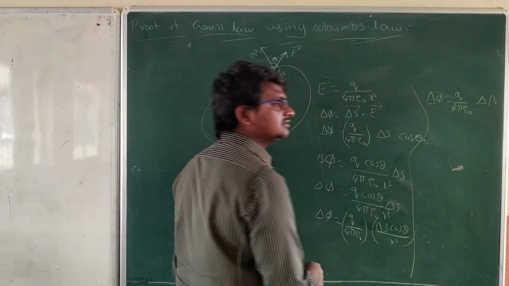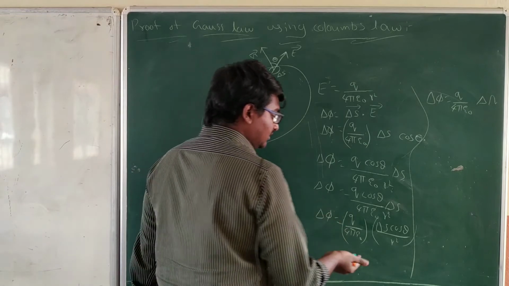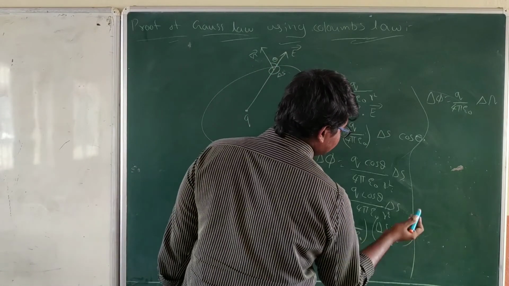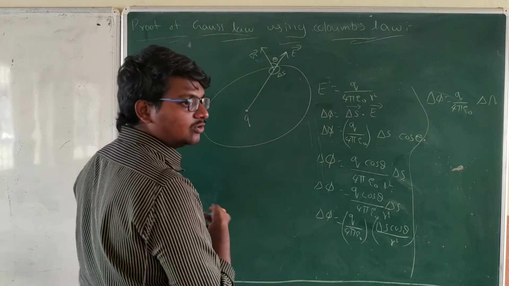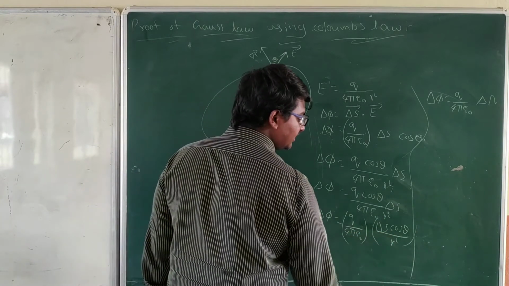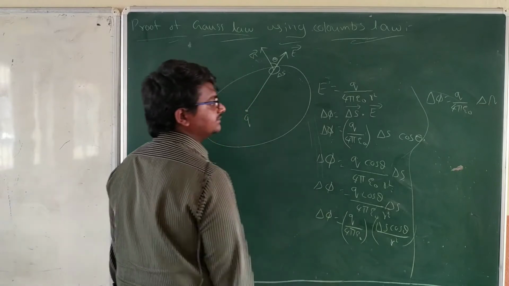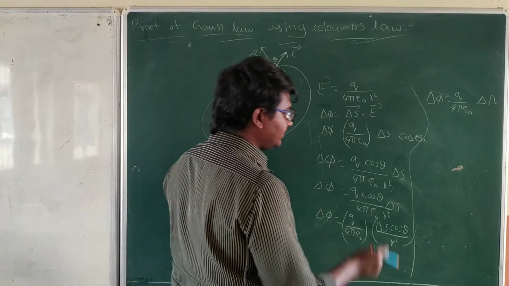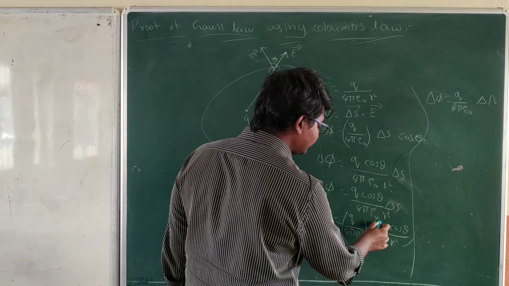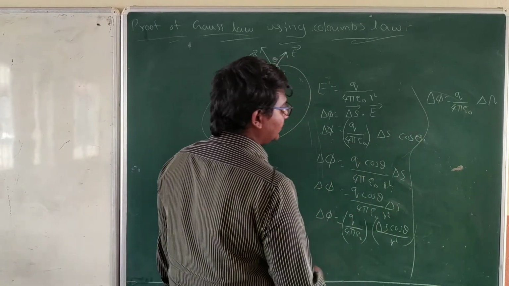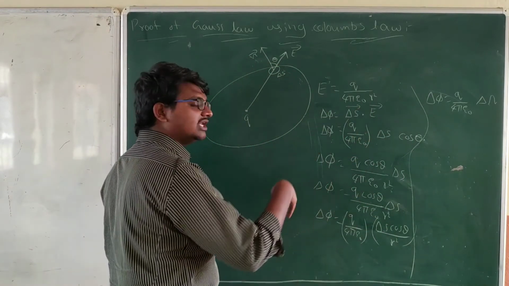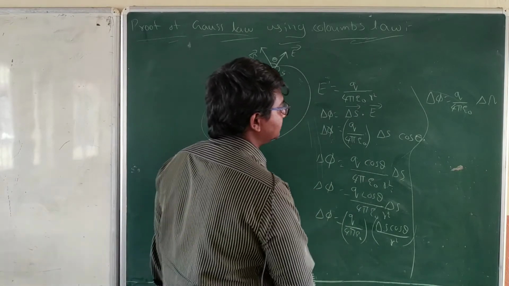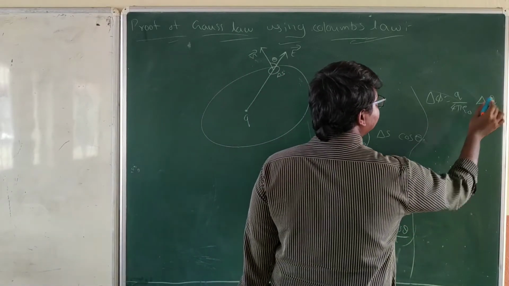Because this term is exactly delta omega. Delta S cos theta by R square is what? Solid angle. A very small change in solid angle, as we are considering a very small area. If you consider S here, just omega will come, right? We have discussed solid angle just a few minutes before. Delta omega, like this we got.